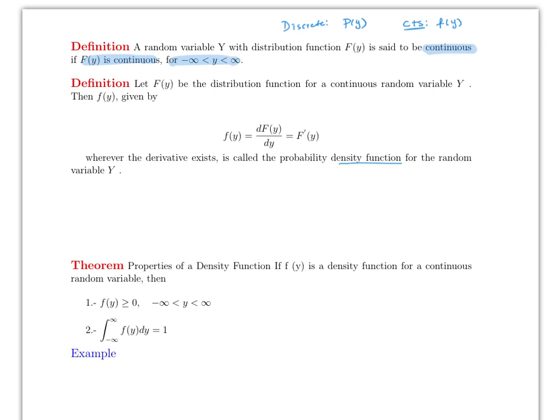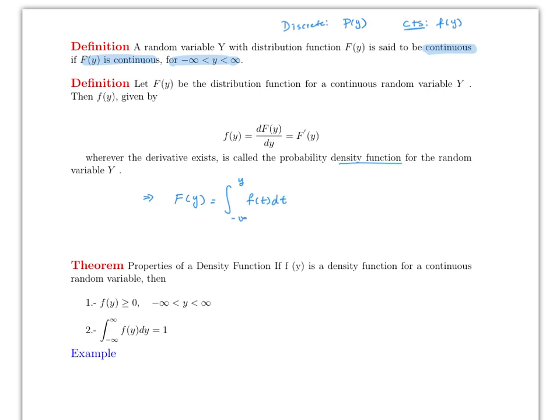Notice that this is equivalent to the following. This implies the cumulative distribution function is equal to the integral from minus infinity to y of f of t dt.